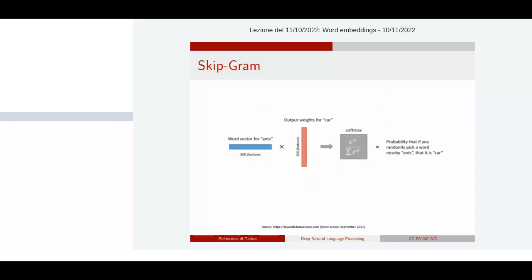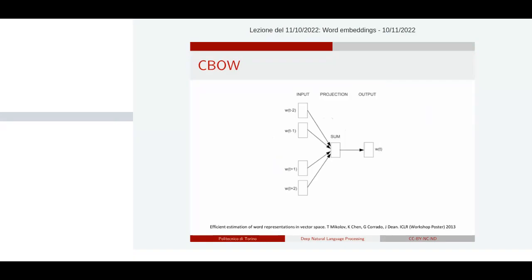Here is the representation where you have the output weights multiplied. This is a dot product, and then you apply the softmax function to get probabilities. Now, the converse approach, the dual approach, is to predict the target. The target word is what you want to predict. We know the context in advance, and we want to predict the center word in the sliding window.